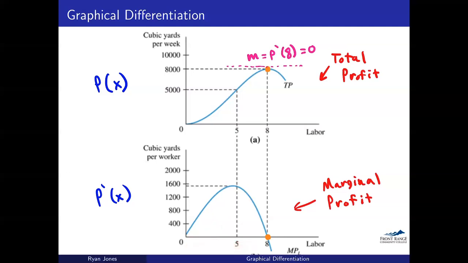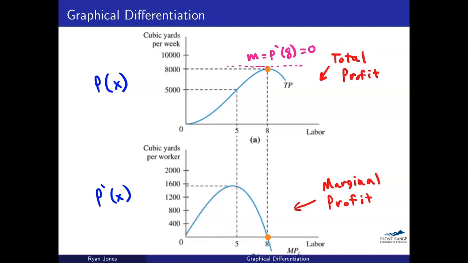This positive slope makes sure that I don't have any part of the derivative down here. And then my slope is increasing from 0 to 5, like we said earlier, so my derivative increases. It gets bigger and bigger as I go from 0 to 5.